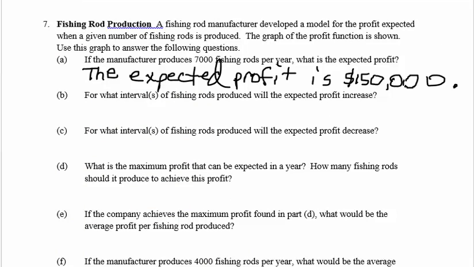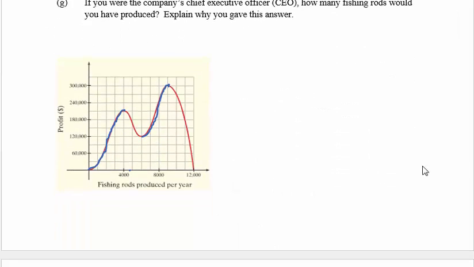So I write that using interval notation. I'm going from 0 to 4,000. And when I'm giving intervals of increase and intervals of decrease, I never use the square bracket.